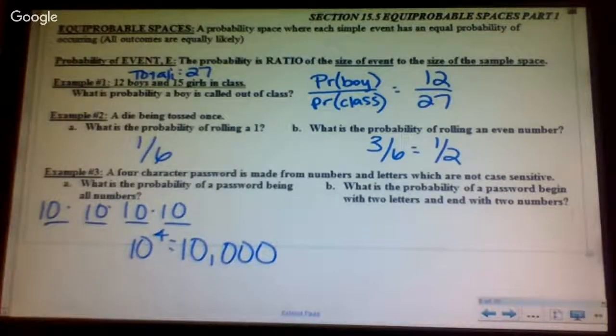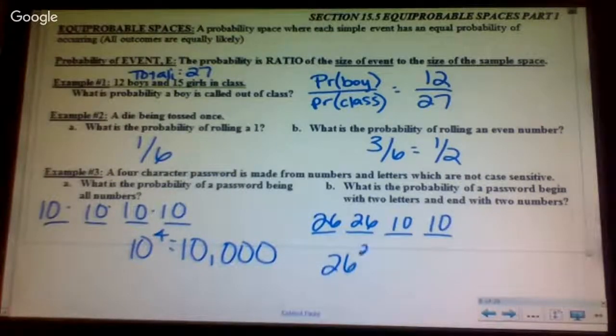Part B says I want to begin with 2 letters and end with 2 numbers. So 26, 26, 10, 10. So 26 to the second times 10 to the second. Either way you want to write it.